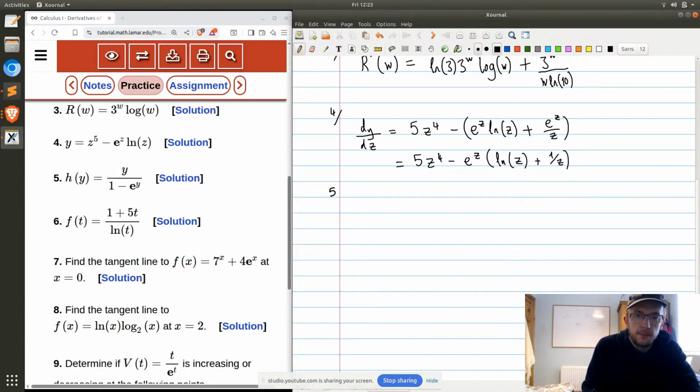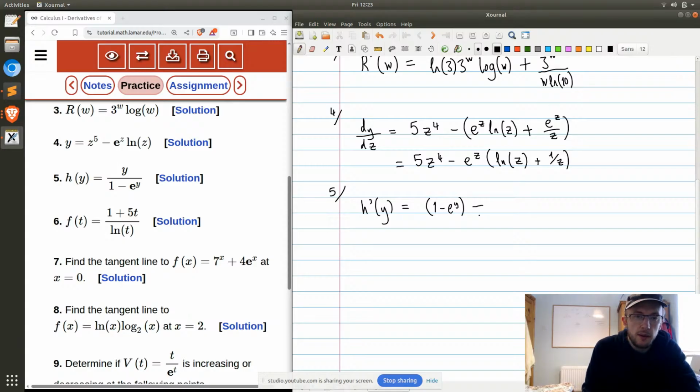Fifth one. H of y is y over 1 minus e to the y. So we have a quotient to differentiate. So let's do it. f prime g minus f g prime all over g squared. Differentiate the top, leave the bottom one alone. So we're just going to have this minus sign.